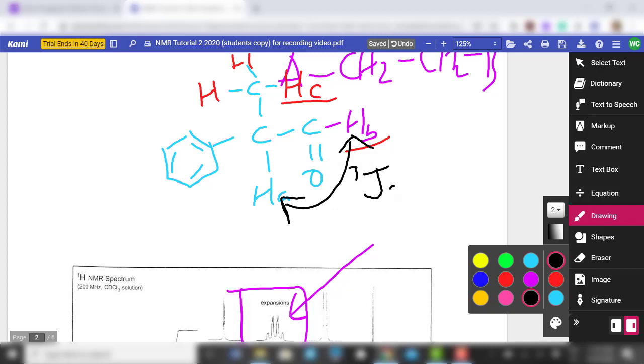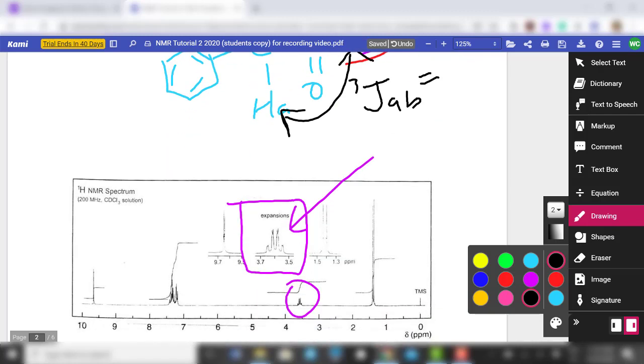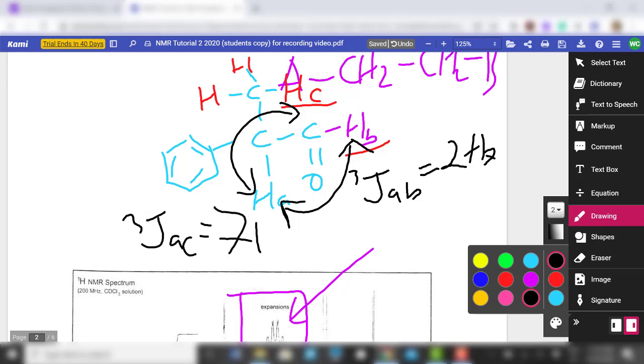For the 3J coupling of A and B, the magnitude from the expansion below is actually quite small. If you look it up on the internet, it's around 2 Hertz. So coupling is in Hertz. Then for the HC and HA coupling, this is also 3 bonds away, 3J coupling, but the magnitude is bigger, about 7 Hertz.